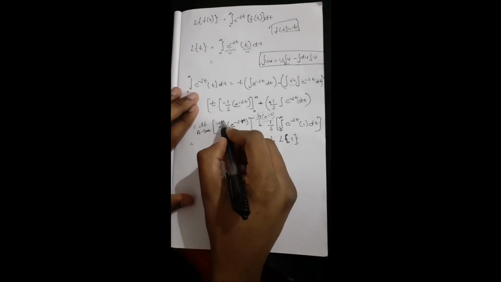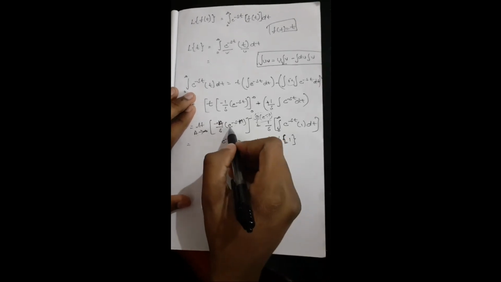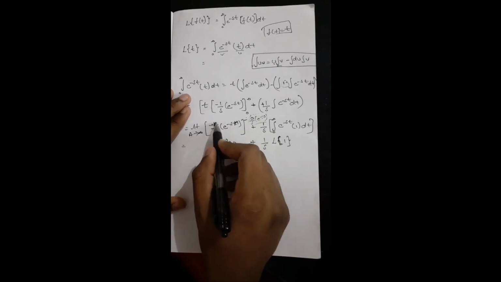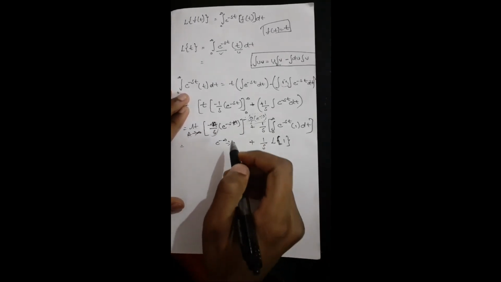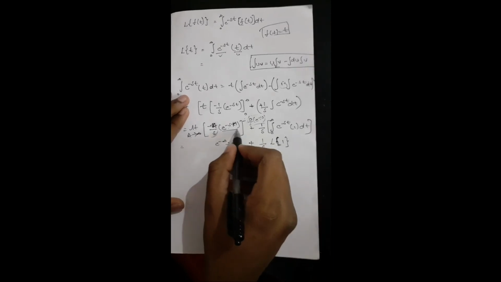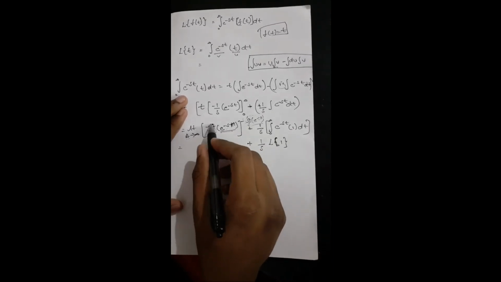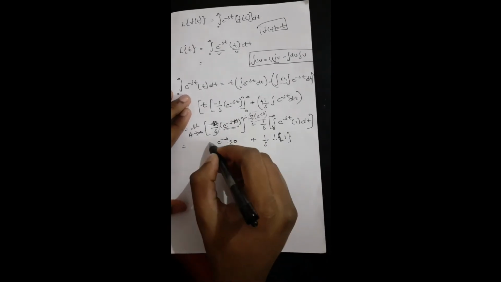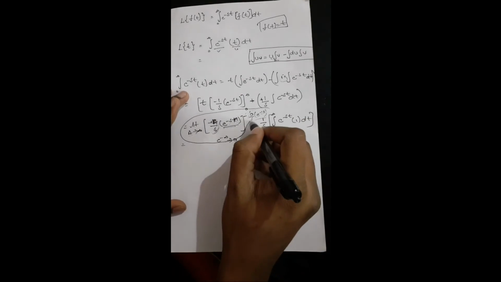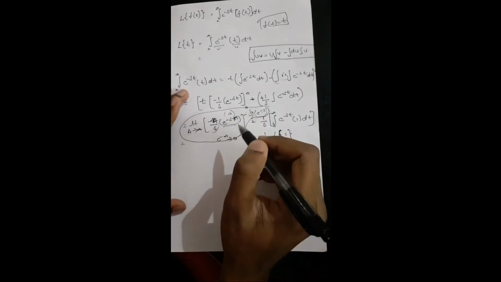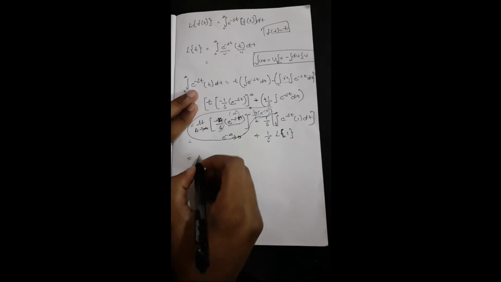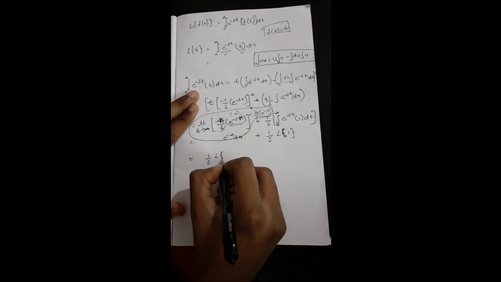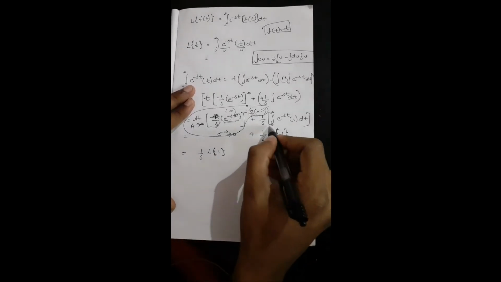Anyhow, this won't affect much because, as we all know, the exponential is much stronger than this term. The rate is much faster in this term, so it obviously tends to 0. So this whole term is nullified, its value is 0 now. So we are left with only this one term, 1 by s into Laplace of 1. So I have to solve this term now.